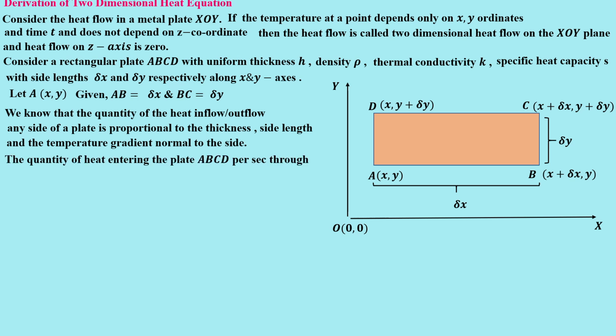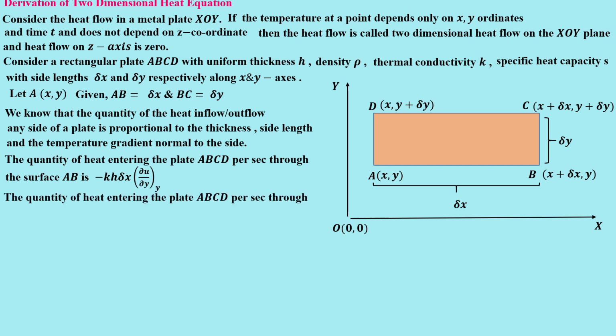The quantity of heat entering the plate ABCD per second through the surface AB, so it is going inside through the surface, is minus K h del x dou u by dou y, right? The quantity of heat entering the plate ABCD per second through the surface AD is minus K h del y dou u by dou x, right?